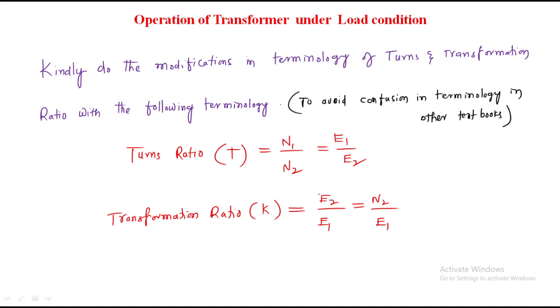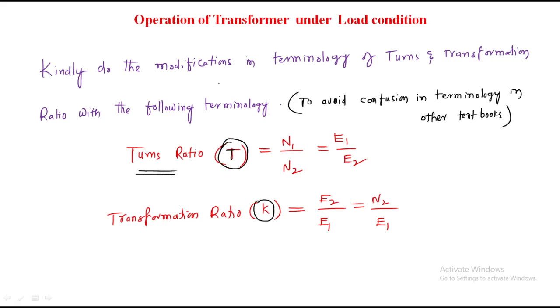So when it is turns ratio, it is represented with T. When it is transformation ratio, it is K.